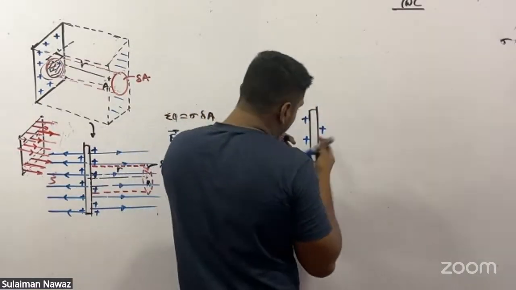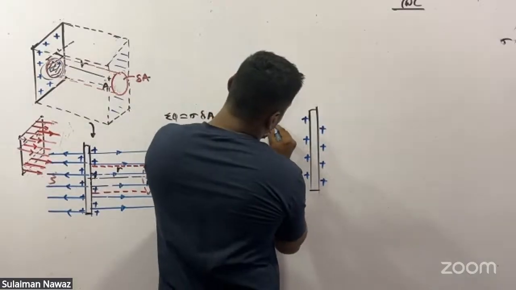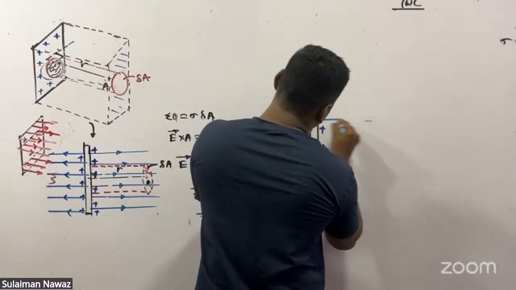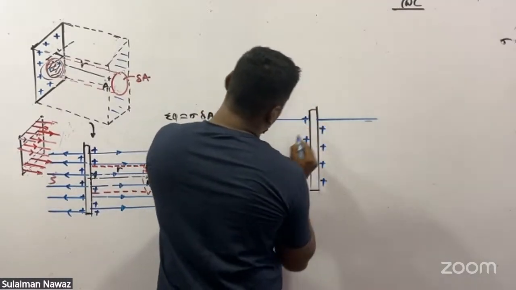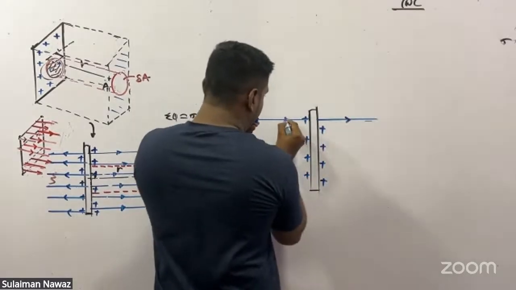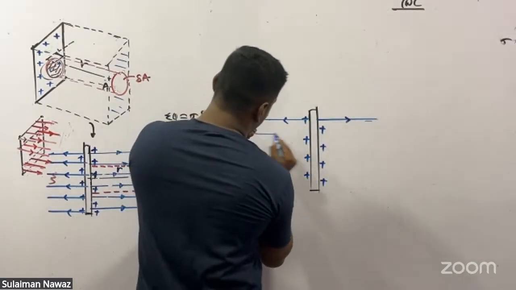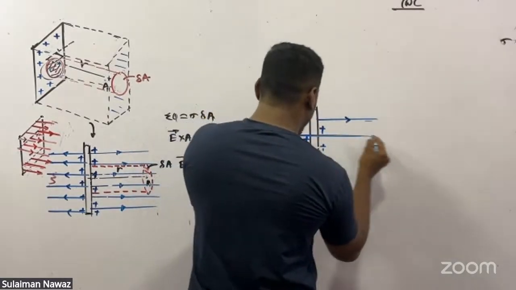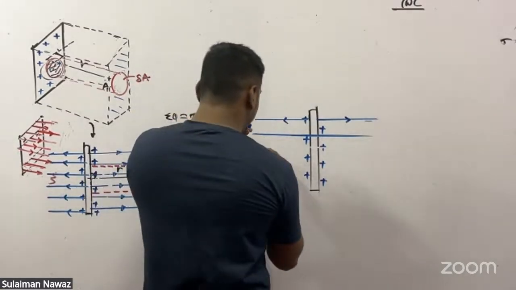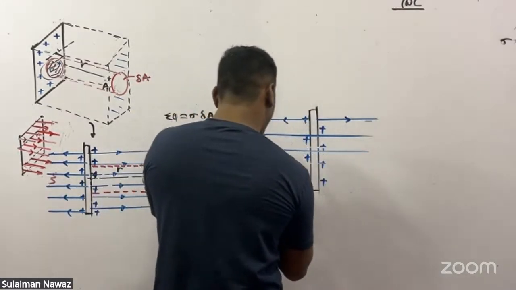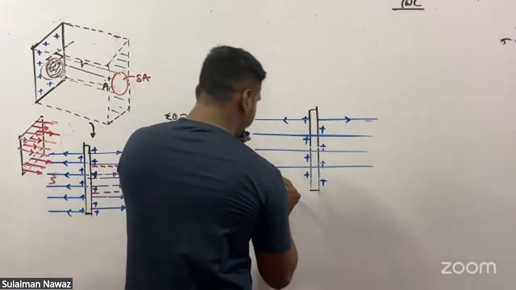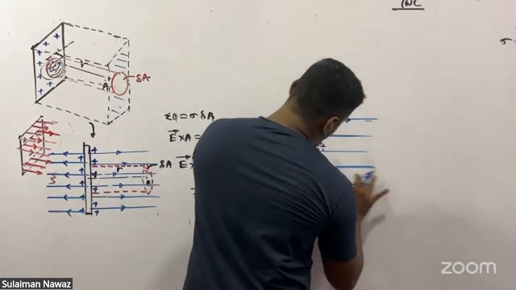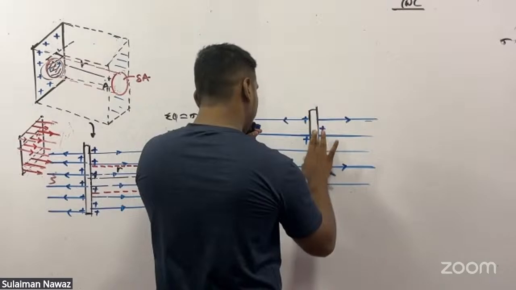If I draw the electric field lines, but remember, electric field lines can't pass through conductive plates. We know that story. Can't pass.